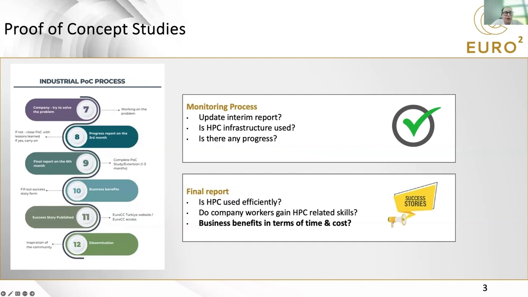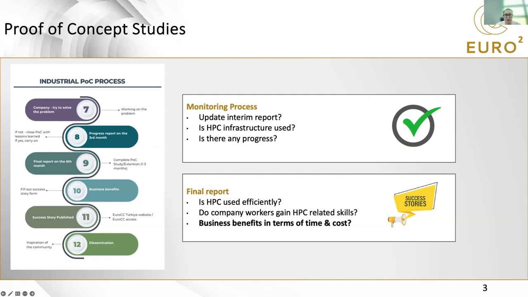Let's continue. NCC Turkey always monitors the process by requesting updated interim reports. According to the interim reports, if HPC is used and there is some progress, then the project goes through to the final stage. If there is no progress, we close the project. At the final stage, the company and experts complete the final report.